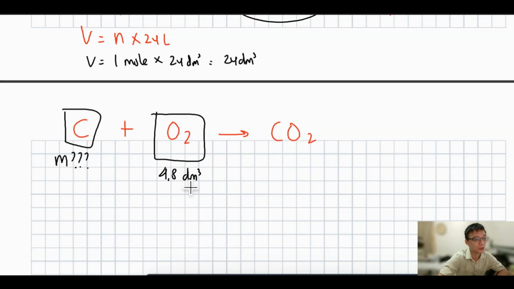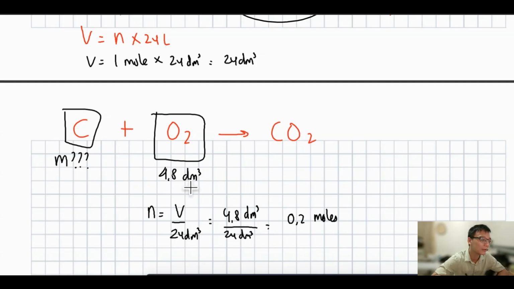So the main idea of stoichiometry is actually changing everything that is provided by the question into moles. So here, 4.8 decimeter cube, we can change into the mole, which is volume divided by 24 decimeter cube. 4.8 decimeter cube divided by 24. So we would get 0.2 mole.